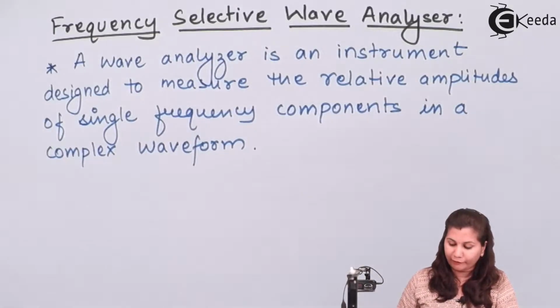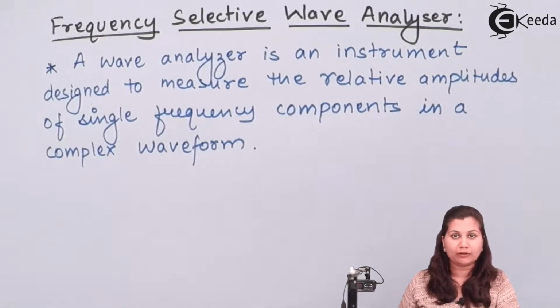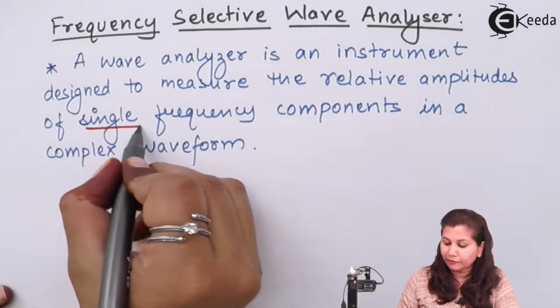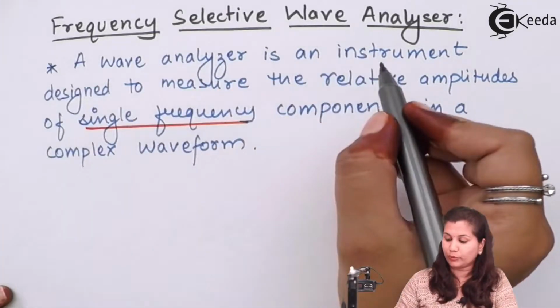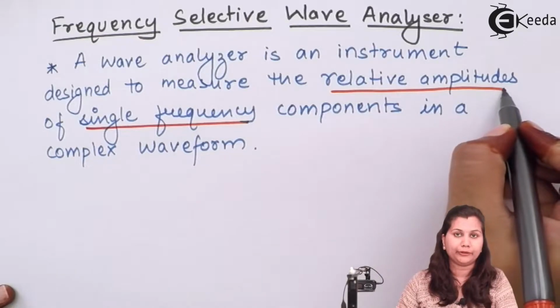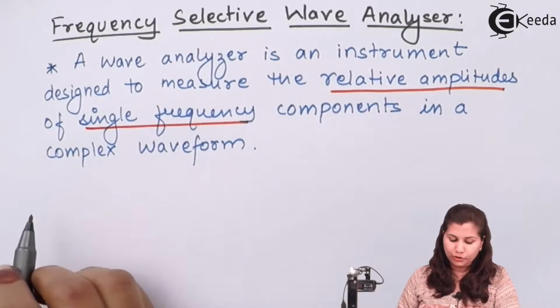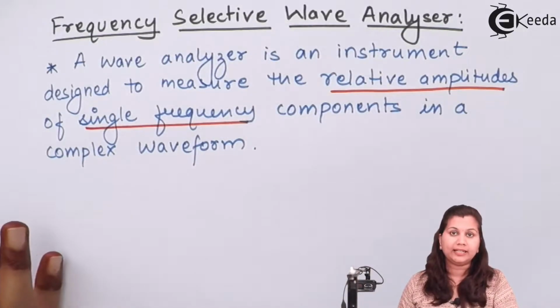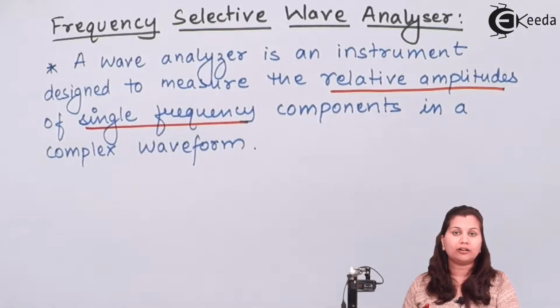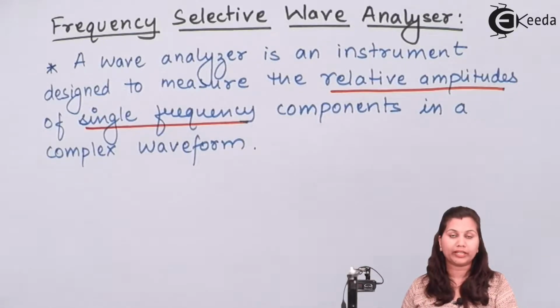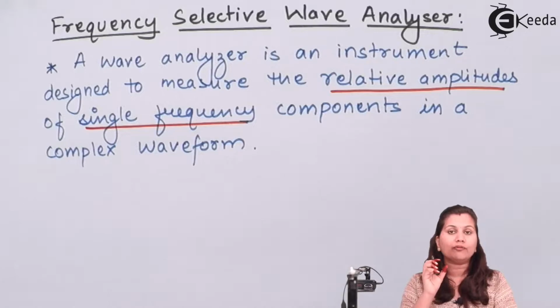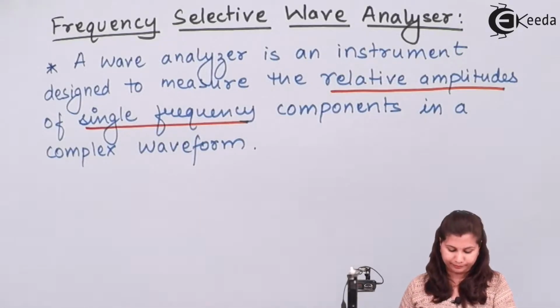In that waveform we have different frequency components, and at a particular frequency component it measures the amplitude. So we can say that the wave analyzer is a voltmeter measuring the voltage at a particular frequency, or a voltmeter which is tuned to a particular frequency.